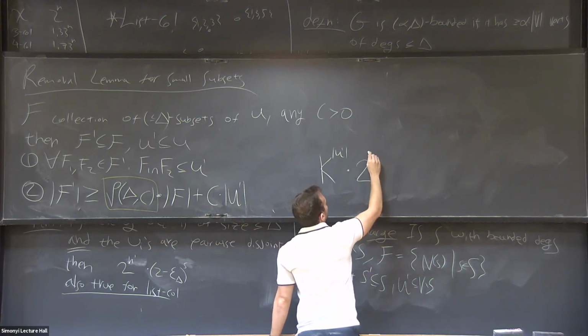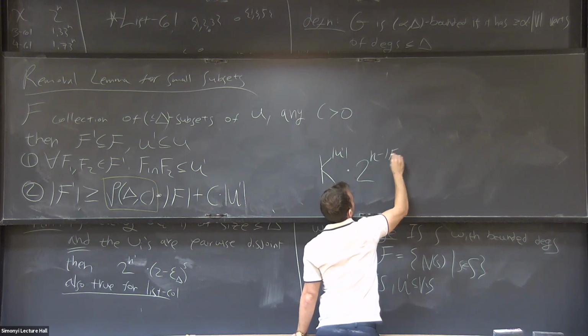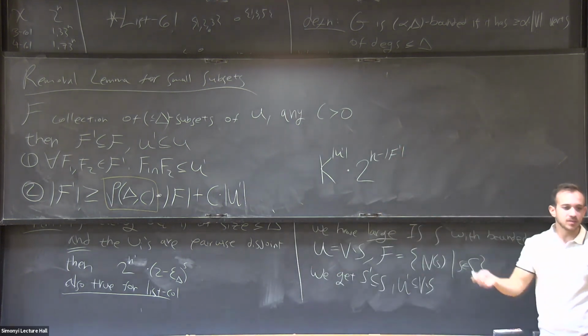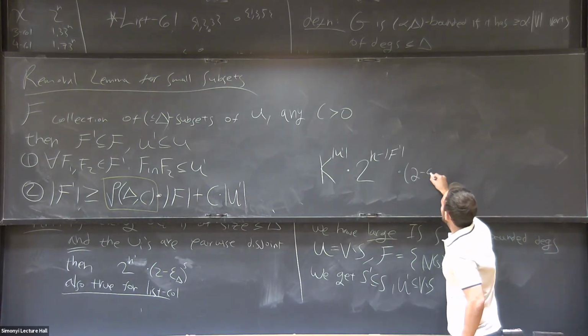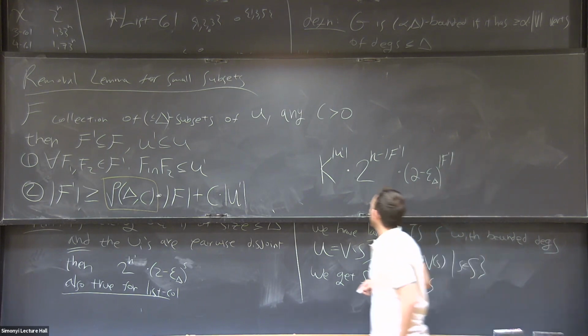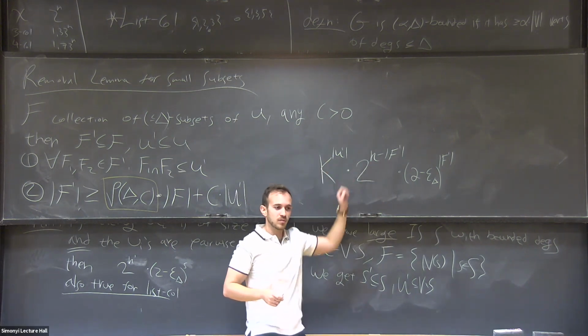It's going to cost me something like 2 to the n minus, I'm even making it slightly worse than it should be. But this F prime is S prime, the size of the subset, and something that is less than 2. This is actually even a little bit better because I can also take these things off.